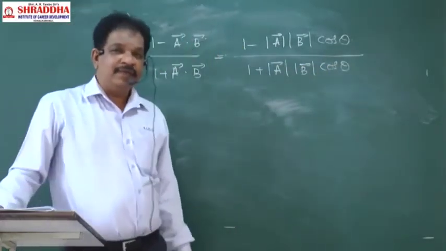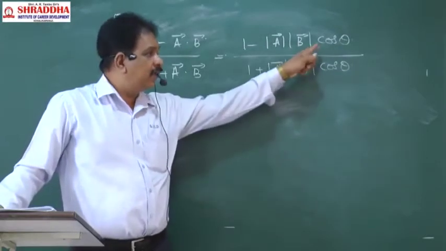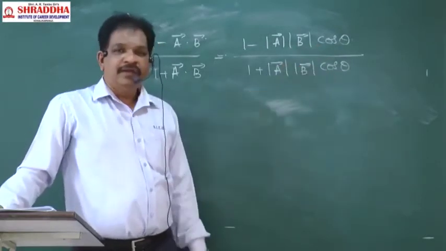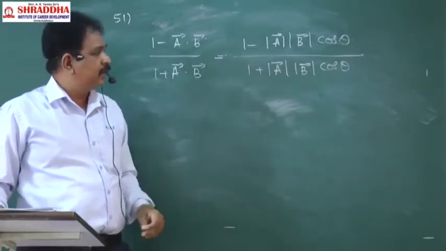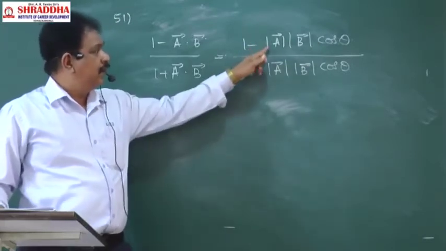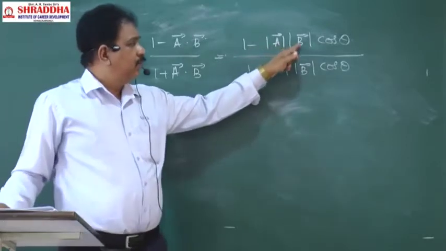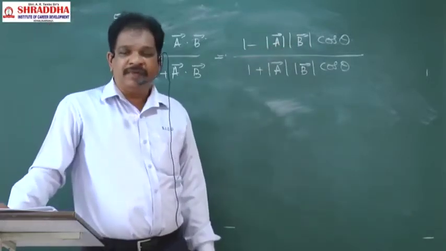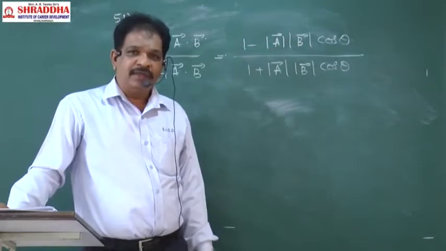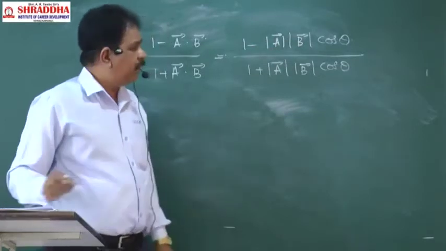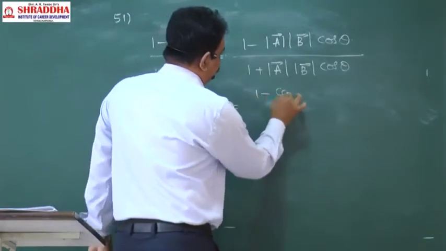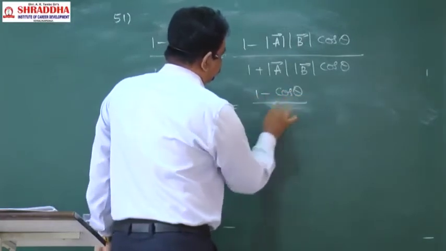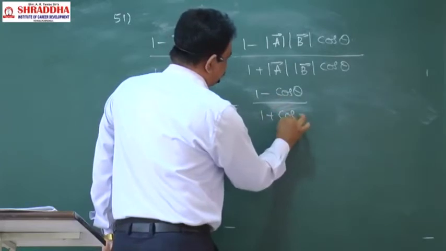But here theta is the angle between A bar and B bar, that's why we get this. Modulus of A bar will be 1, modulus of B bar will also be 1. So this value is (1 minus cos theta) by (1 plus cos theta).